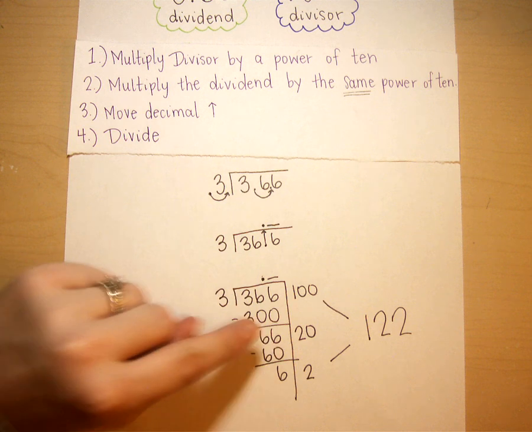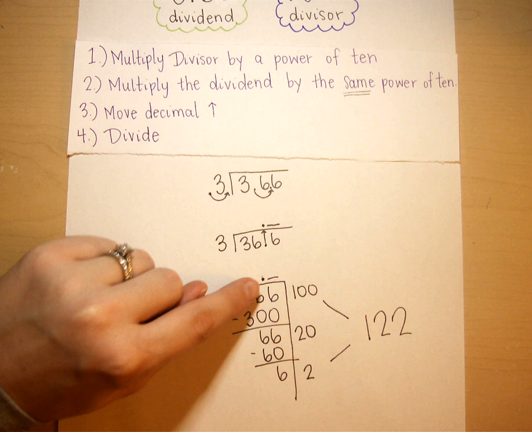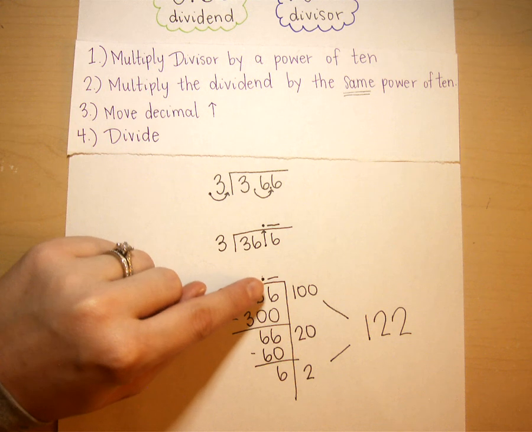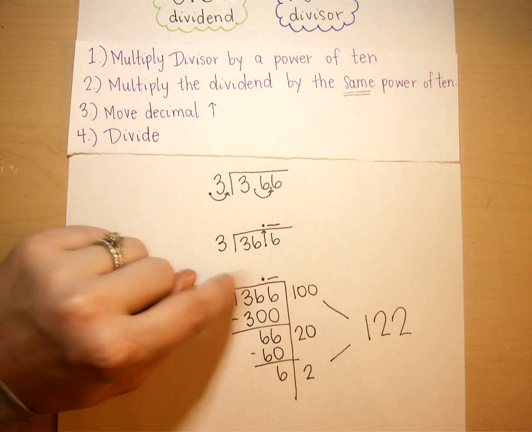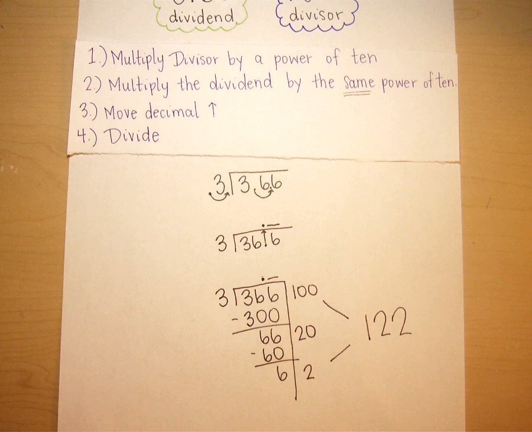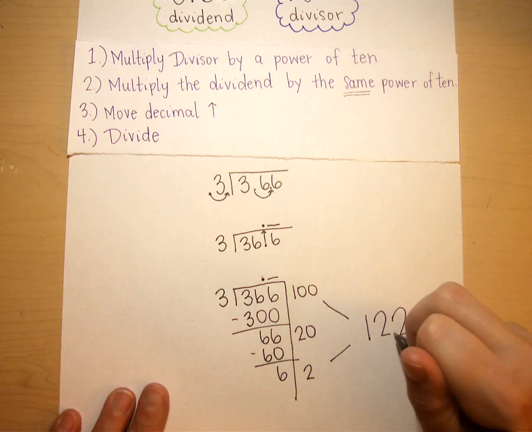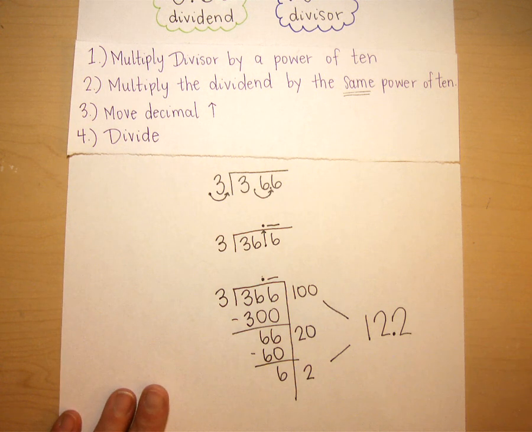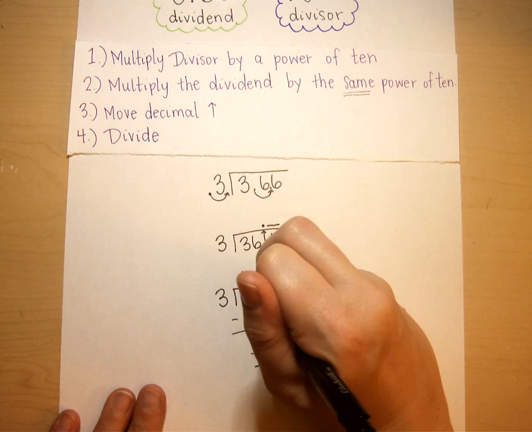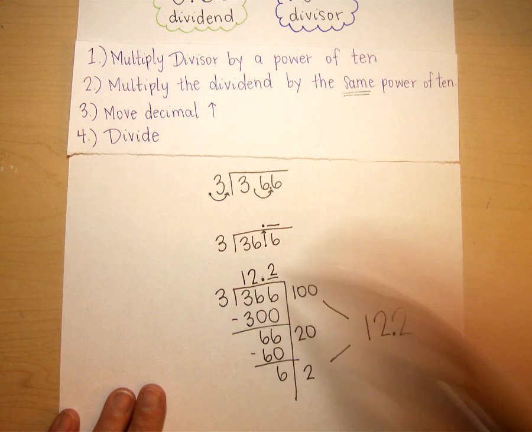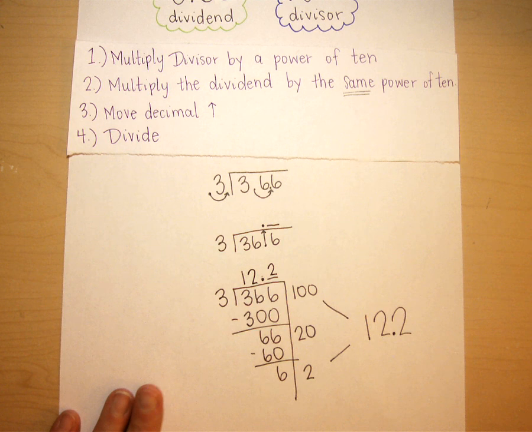When I took the elevator and moved my decimal up, it allowed me to see that in my answer, I'm going to have one digit after that decimal. So then I know that my decimal is going to go right back in here. You could also choose to write it above here if that's more helpful.